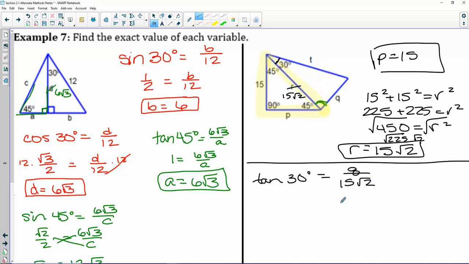What is the tangent of 30 degrees? It's radical 1 over radical 3, right? So it would turn into radical 3 over 3 because it's top over bottom.